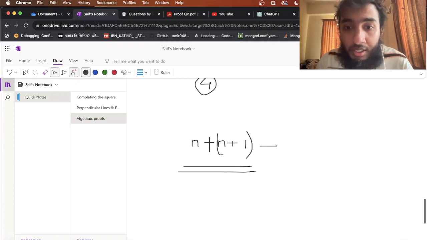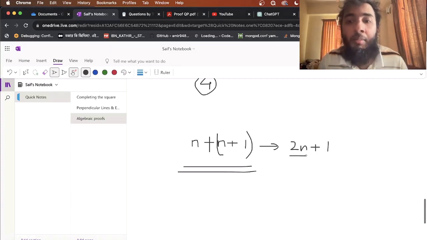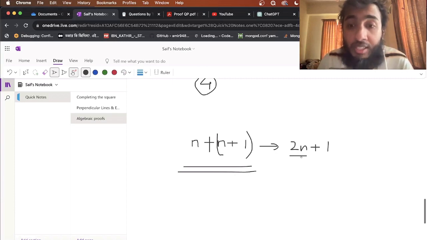So if we evaluate this expression, n plus n is what? Twice n, plus 1. So what is twice n? For any whole number n, twice n will always yield an even number.